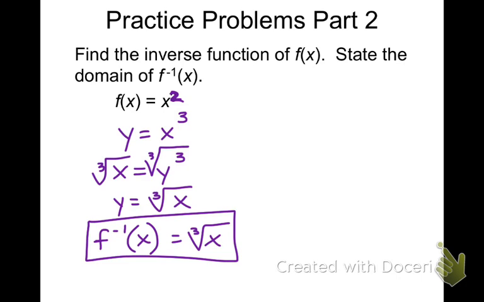You never get what? Negatives, right? I can't get negative numbers. So my range up here is all numbers larger than or equal to 0, right? So my domain down here, if this was a square root, would be what? X needs to be greater than or equal to 0. Because I can't have a negative number and take the square root of it, right?